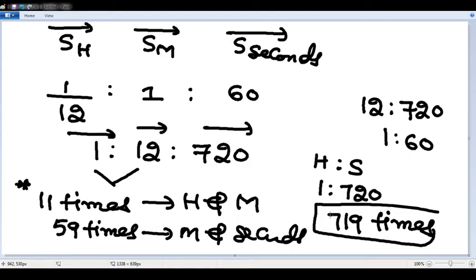I hope I discussed the hour hand and minutes hand, minutes hand and seconds hand, and hour hand and seconds hand. I hope it is clear. Now, somebody asked me, what if they are traveling in the opposite direction? Write down the note.